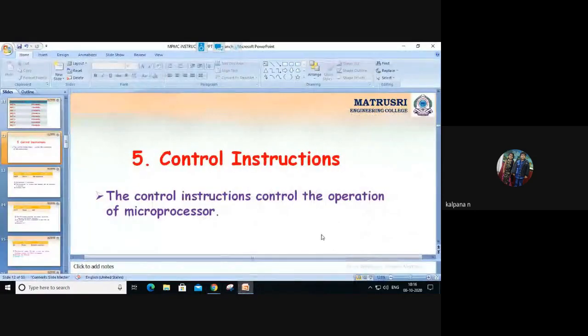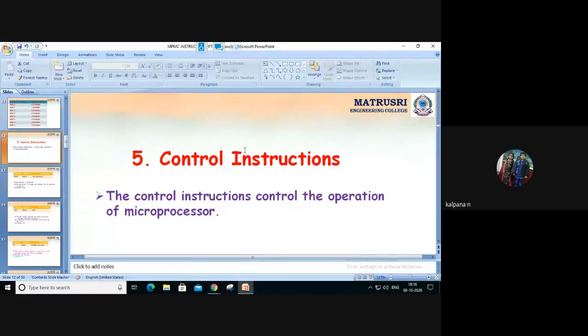Next one is control instructions. With this, branch instructions are over. These instructions will control the operation of the microprocessor. What does controlling the operation of the microprocessor mean? If suddenly all the programs we are running at a time are not operating properly, at that time we need to halt the program, we need to give some break.